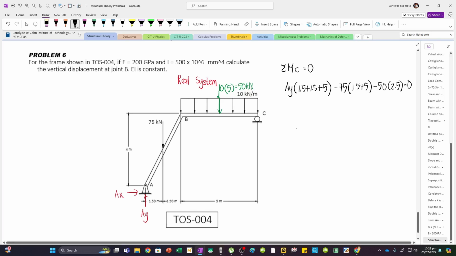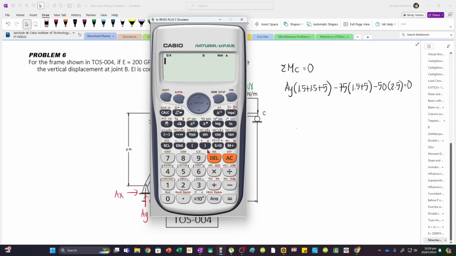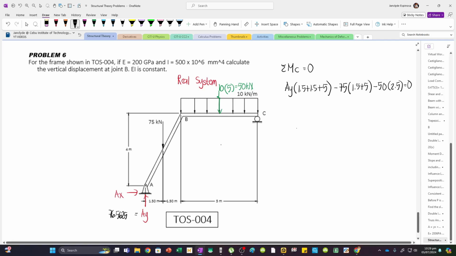So, this is equal to 0. AY times 8 minus 75 times 6.5 minus 50 times 2.5 equals 0. We have 76.5625 kN for AY.